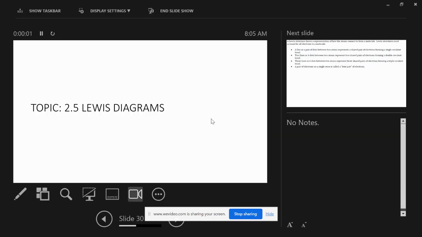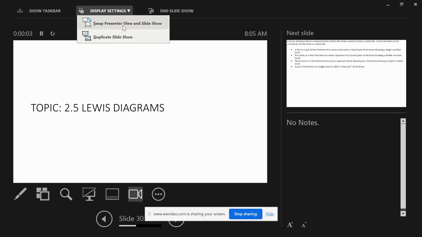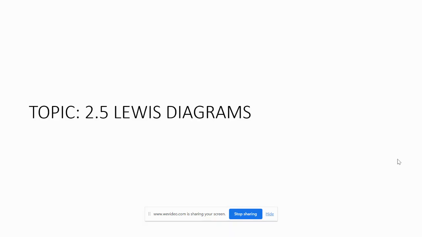Yeah. I remember. 100%. All right, Lewis dot diagrams. I don't remember what the dude's first name was, but he had a lot. Do you remember back when we were doing acids and bases in regular chem? There's the Bronsted-Lowry acids and bases, and there are different definitions of what a base or an acid is.